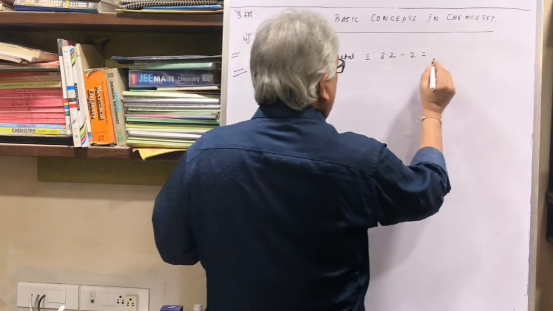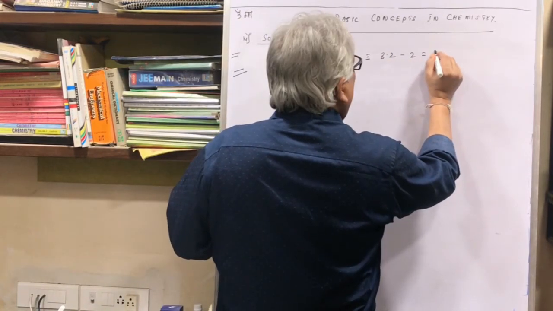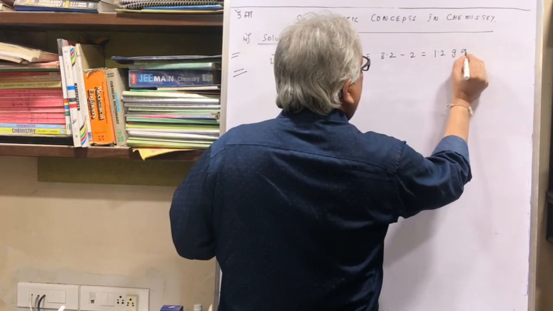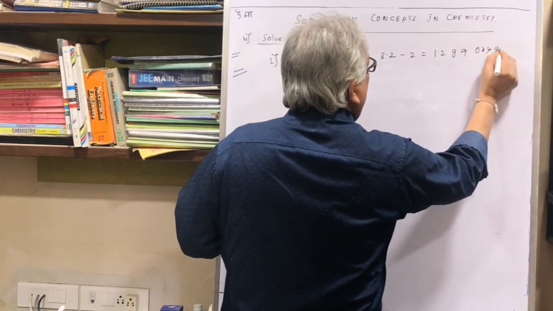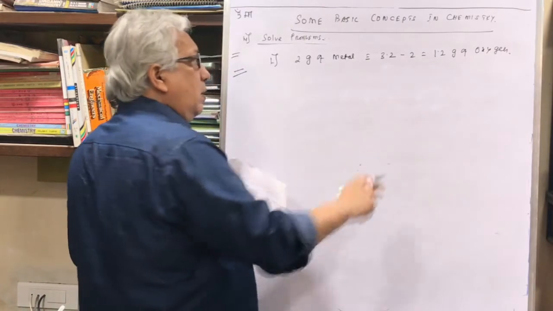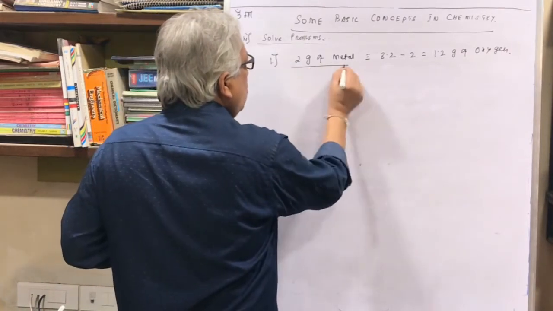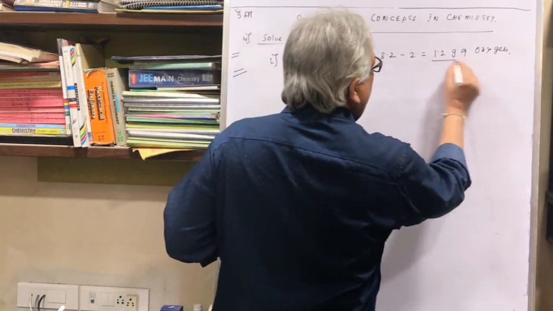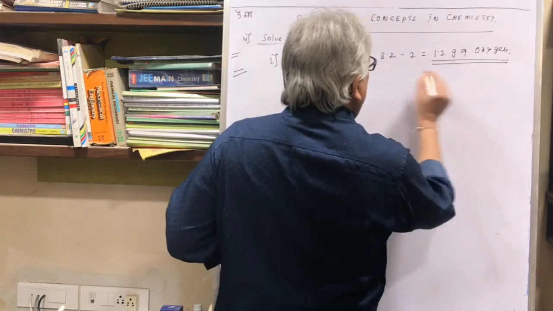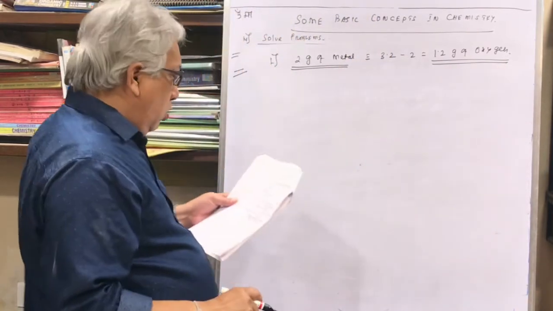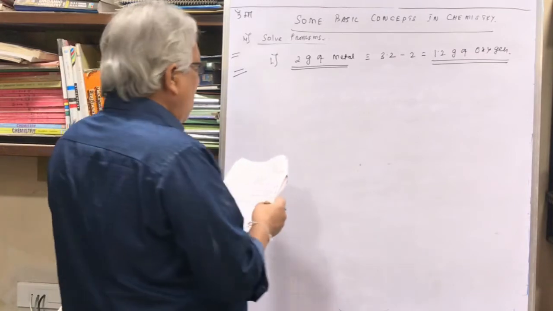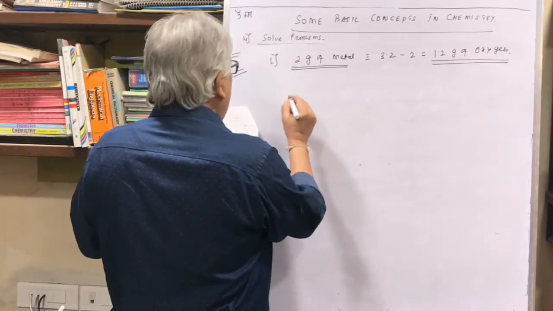So 3.2 minus 2, and there will be 1.2 gram of oxygen. So 2 gram of metal combines with 1.2 gram of oxygen, 3.2 gram of metal oxide. That is done.